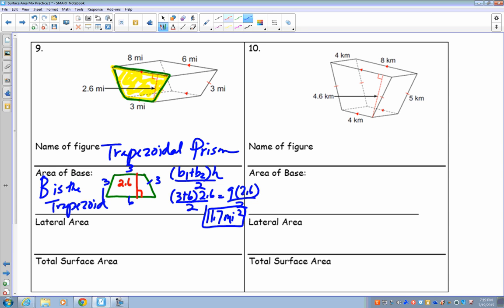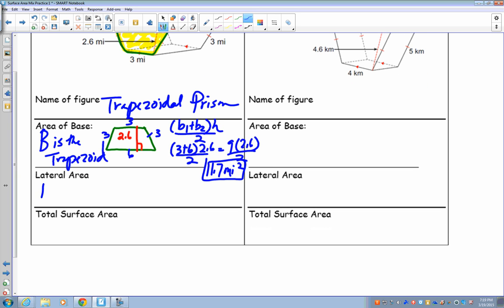Now, to get the lateral area, same formula: the perimeter of the base, the trapezoid, times the height. I can figure out the perimeter of my trapezoid by adding up my sides, which are 3, 3, 3, and 6. So 9 and 6 is 15, times the height of the prism.